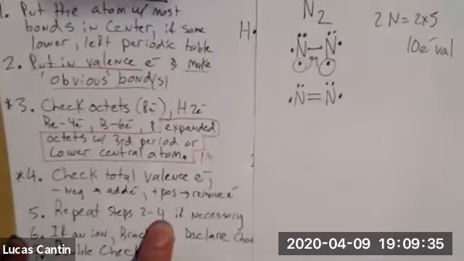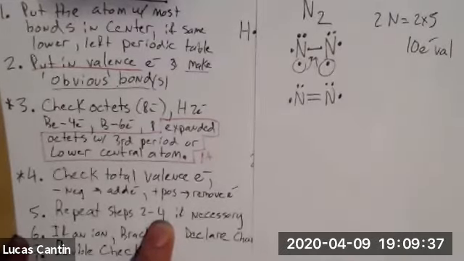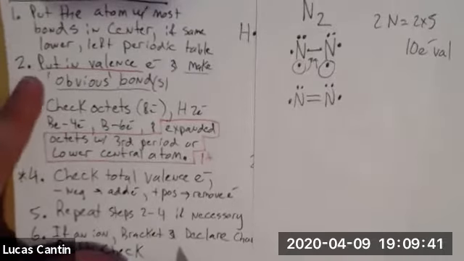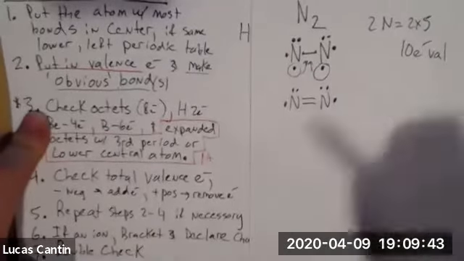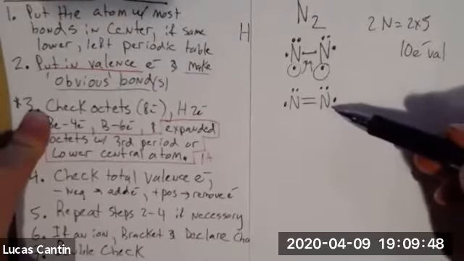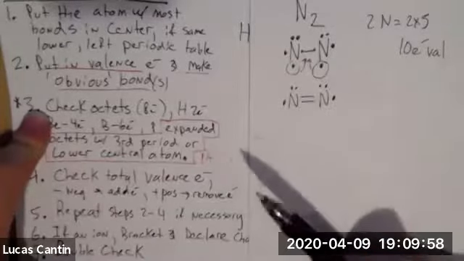Now it's not an ion. I don't have to bracket. Let's go back. So check octets. Now in this structure, how many electrons on this nitrogen? 5. Wait a minute. How much does each stick count as? Oh, wait, never mind. It's 7.